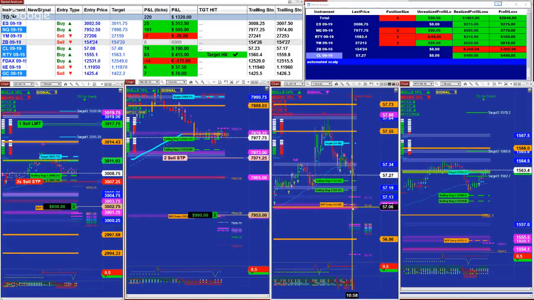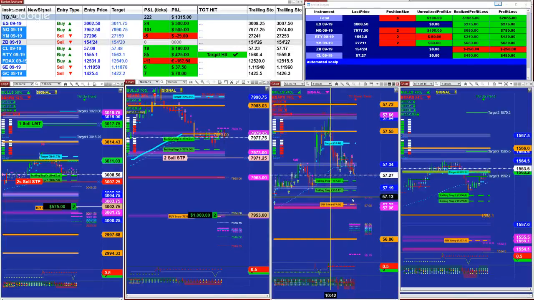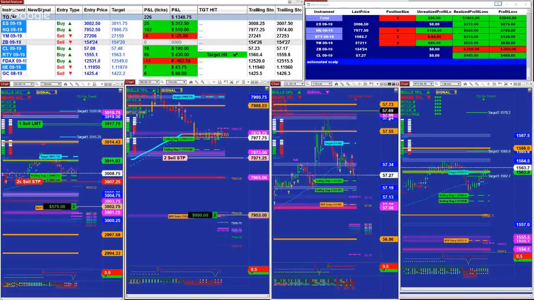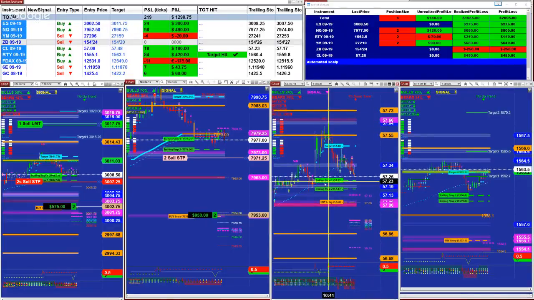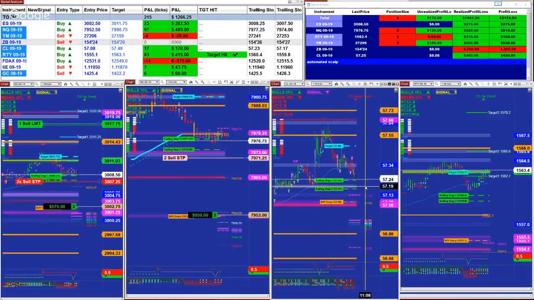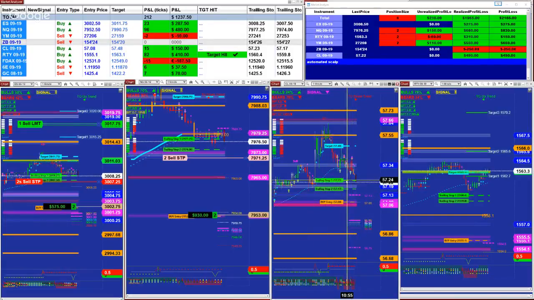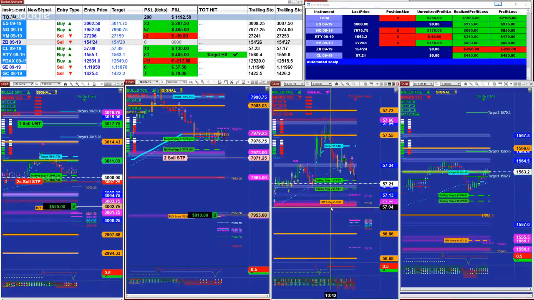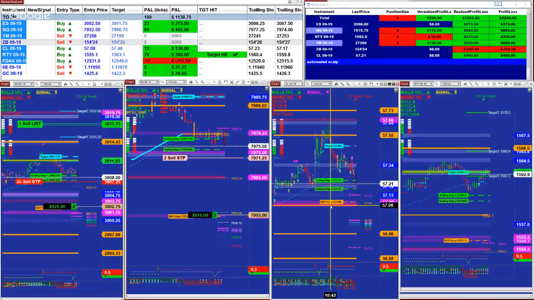You cannot mess with this area here. This is a prohibited area to trade, between 57.23 all the way down to 57.05. You should not be touching the CL.